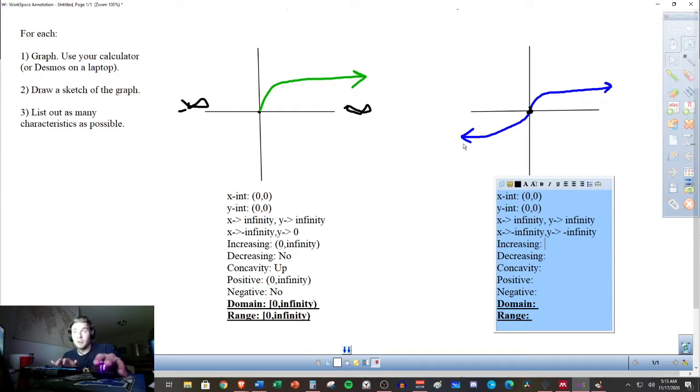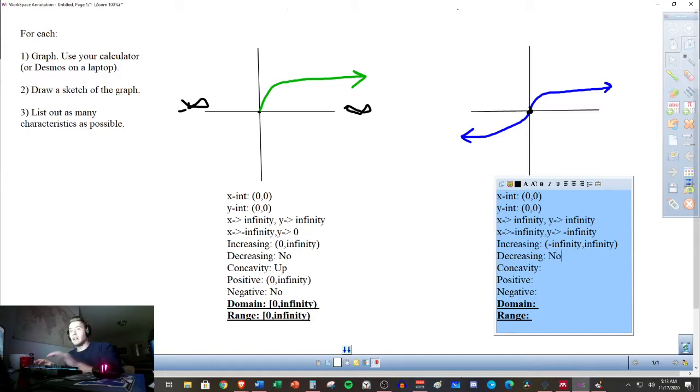Well, the answer is no. It's going up, up, up, all the way through the origin, and it never stops. So it's always increasing from negative infinity to positive infinity. Is it ever decreasing? No, there are no intervals of decrease. This graph is always getting bigger as the x values increase.